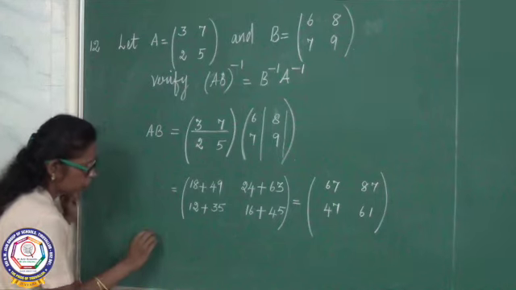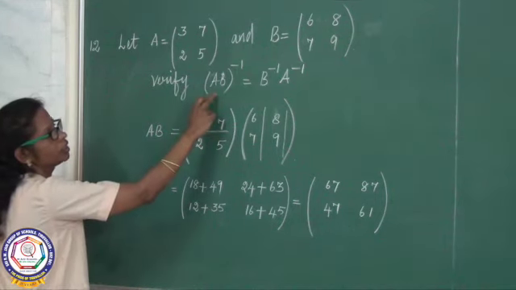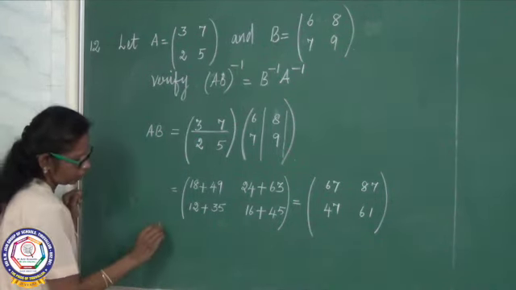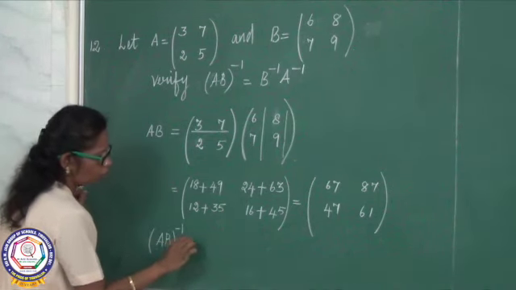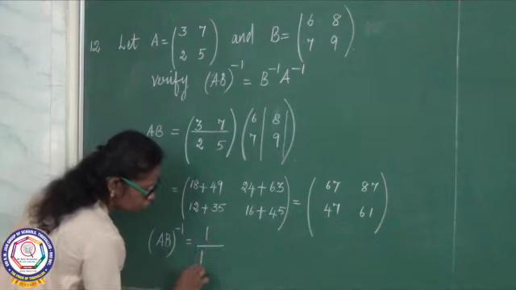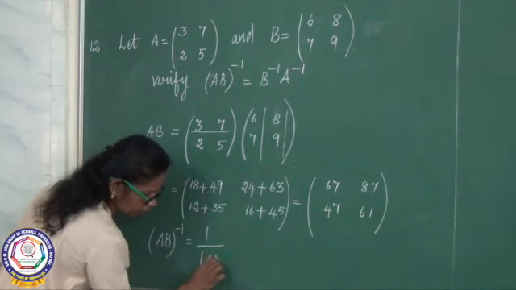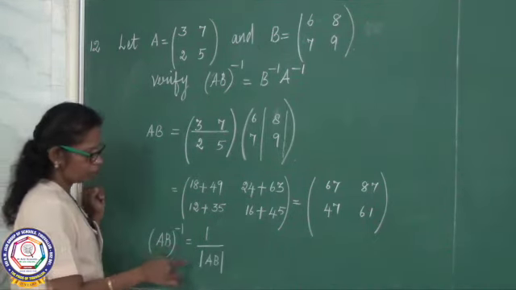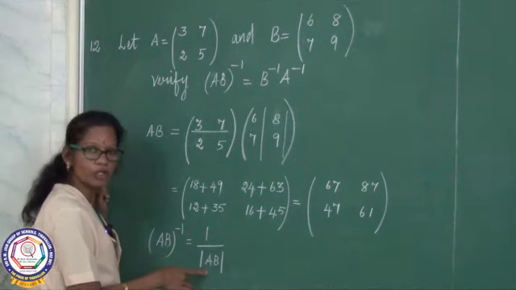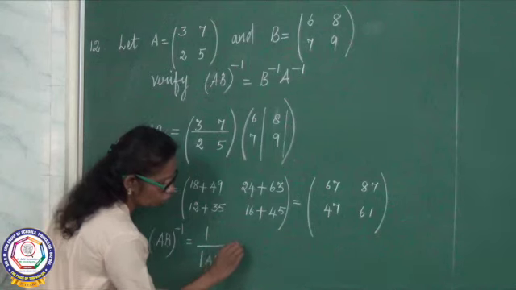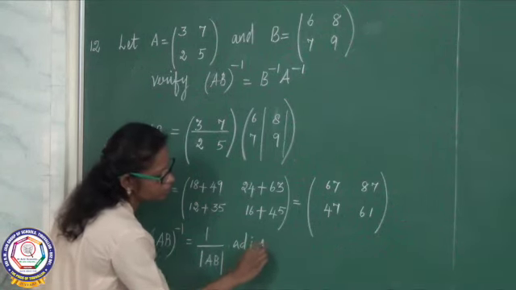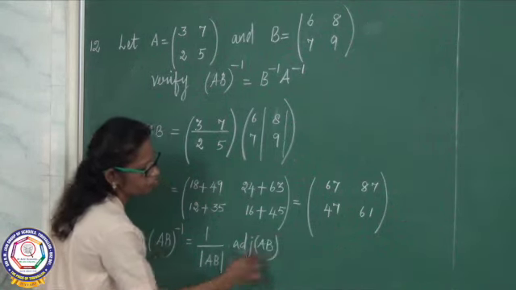Now, next we need the inverse of AB. The formula is 1 by determinant AB into adj AB.